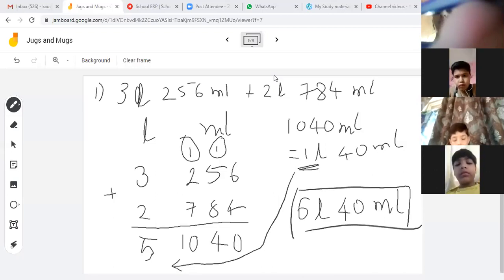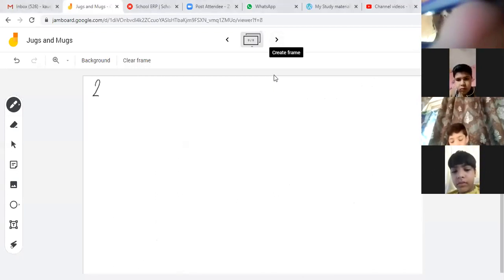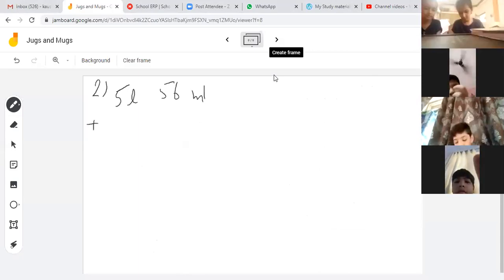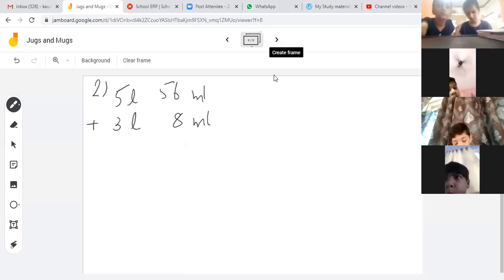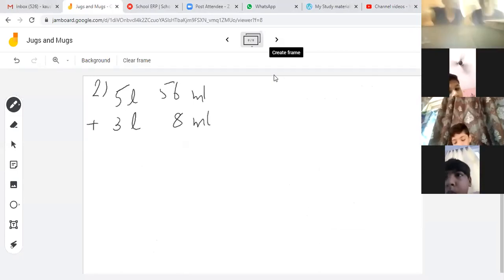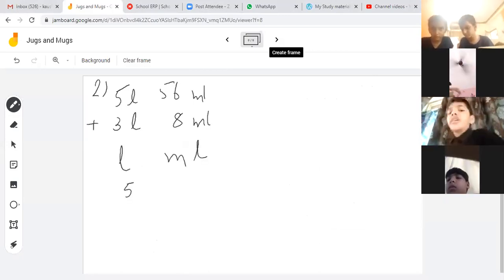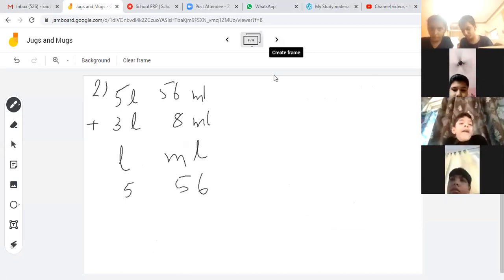Next one. Number 2. 5 liter 56 ml plus 3 liter 8 ml. Okay. Now, how do we do it? We know liter and ml. 5, 56 and 3, 8, where will we write?